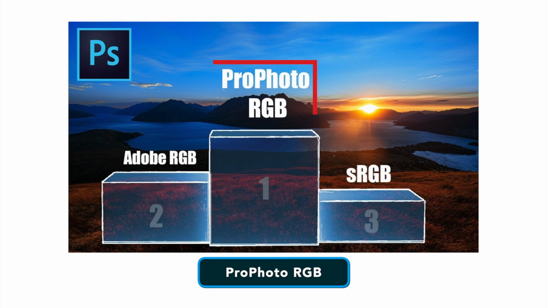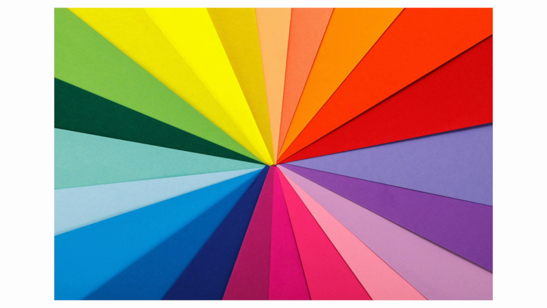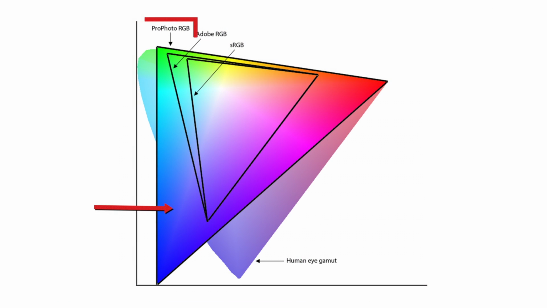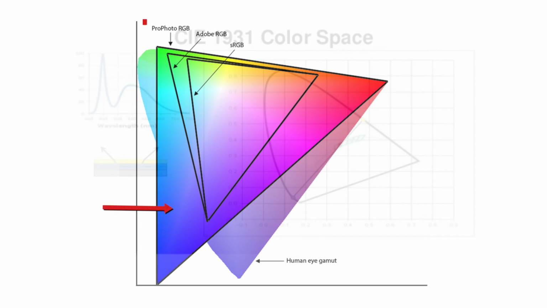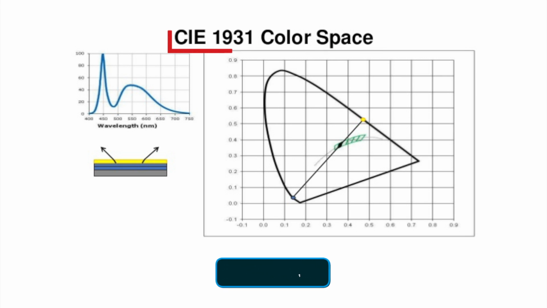Another color space is what's known as ProPhoto RGB. ProPhoto RGB is a standard that was developed by Kodak in an attempt to recreate the complete range of colors you would likely see in everyday life. It is the largest of the color spaces mentioned thus far. Another color space is CIE 1931.